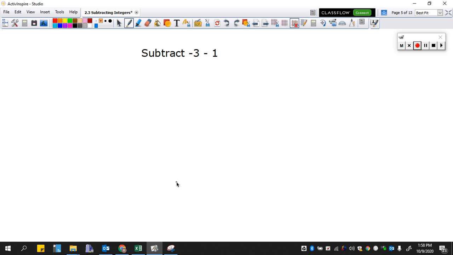All right, subtract negative 3 minus 1. We're going to keep the first number, so negative 3 stays as negative 3. We're going to change the minus to a plus. And we're going to change the 1 to a negative 1.